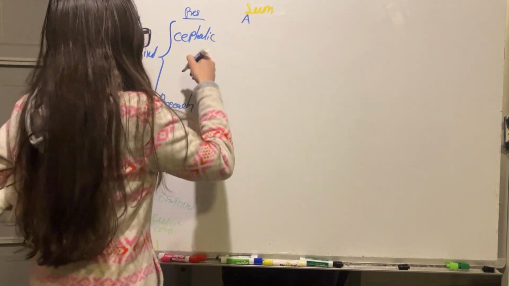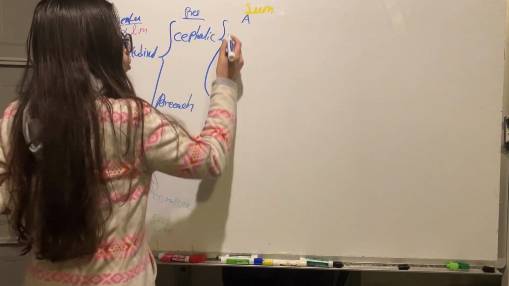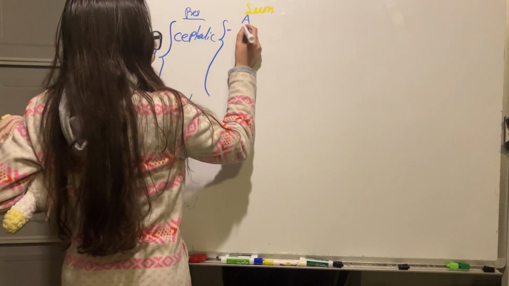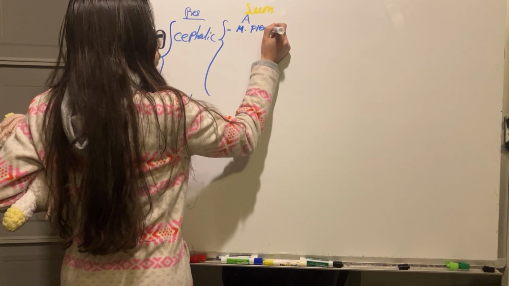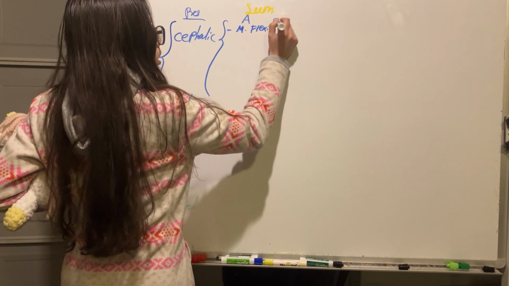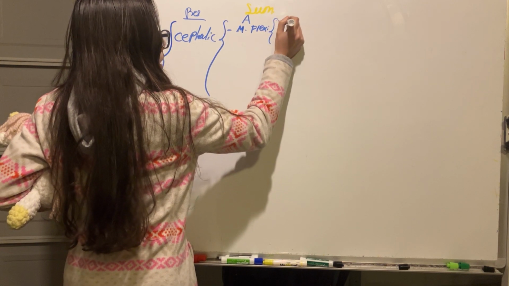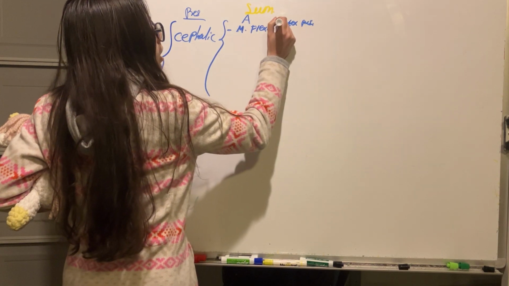So for cephalic presentation we have an attitude, which is maximal flexion of the head. This is called the vertex presentation or occiput presentation.